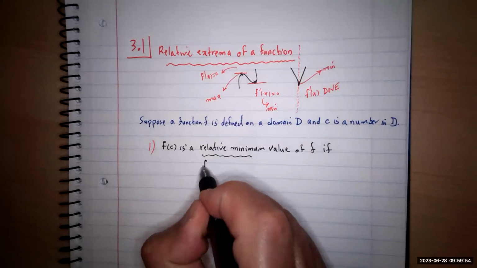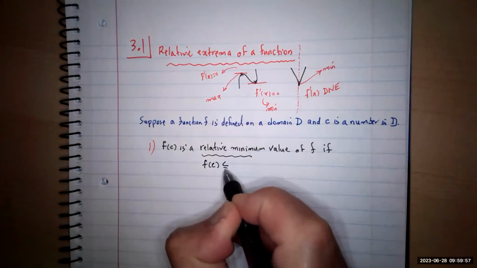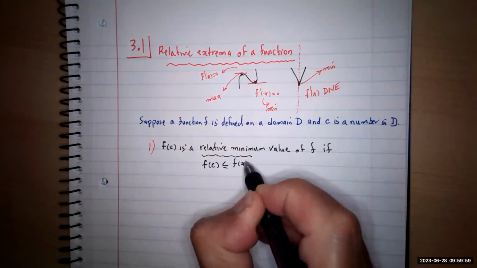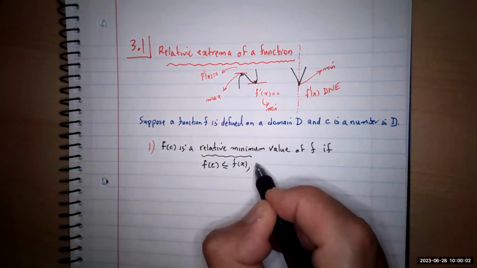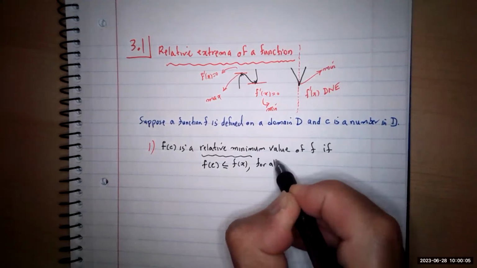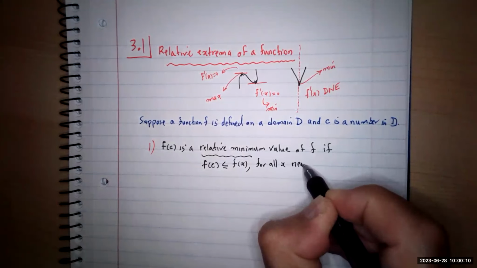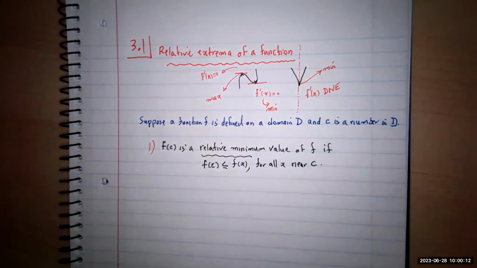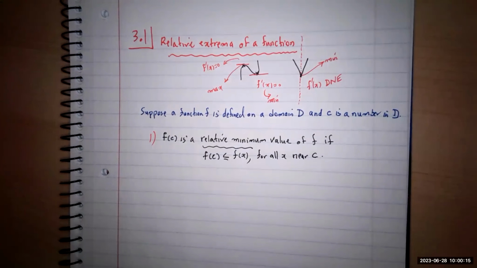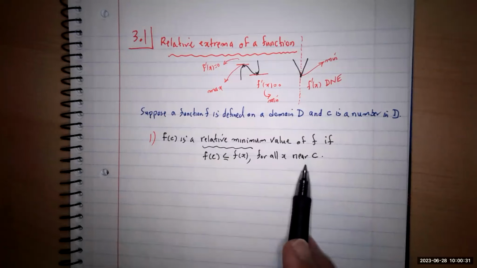That is, if f of c is less than or equal to any other value of the function, but only in my region, for all x near c, in the neighborhood of c. That's it. It's a minimum value of the homes, if you like, in my area. It's relative, it's local; some books say local. So f of c is going to be a relative minimum if this condition is satisfied.